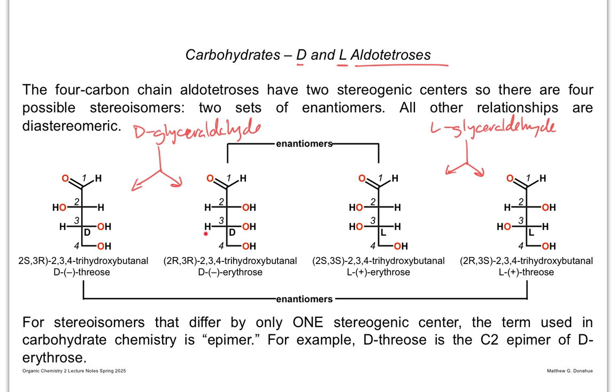The relationship between the D sugars is what? Those are diastereomers. And then you see the mirror image relationships. The 2 center sugars and then the 2 outer sugars are enantiomers. Every other relationship is diastereomeric.